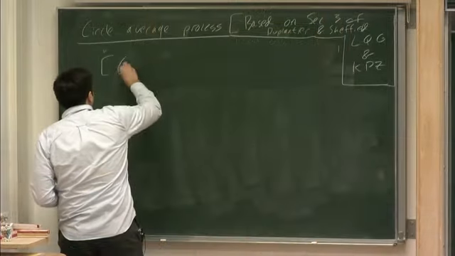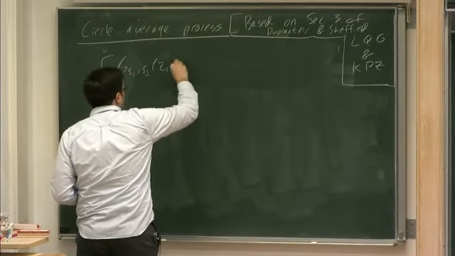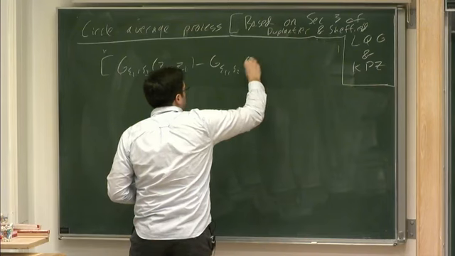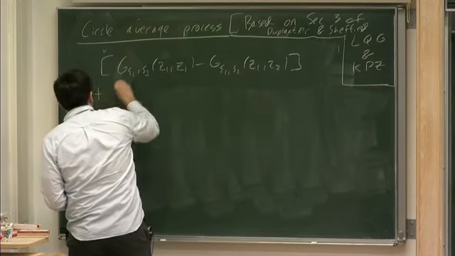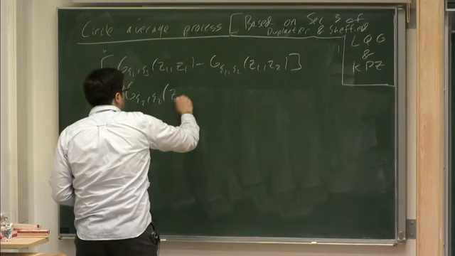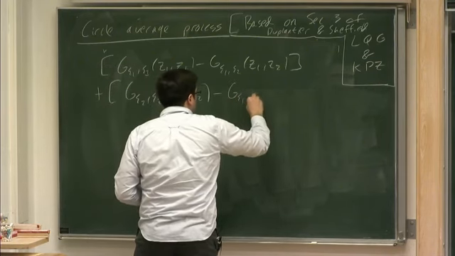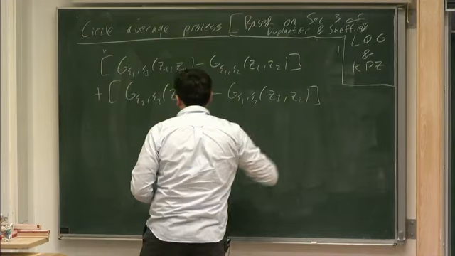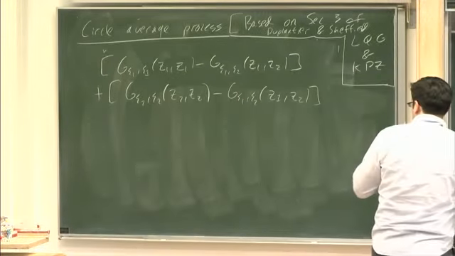It's G epsilon 1 of Z1, Z1 minus G epsilon 1, epsilon 2 of Z1, Z2, plus G epsilon 2 of Z2, Z2 minus G epsilon 1, epsilon 2 of Z1, Z2. Okay, so this is what this variance is equal to.